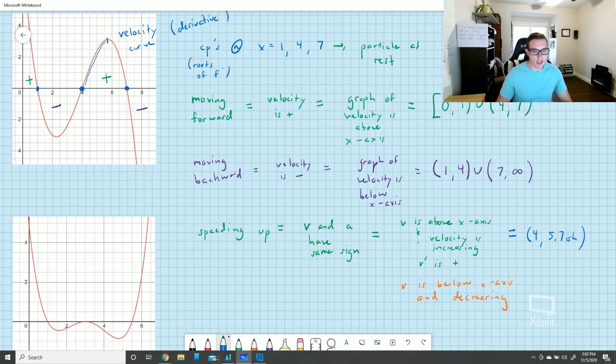So where is velocity below the x-axis and decreasing? Well, let's see. It looks like right here, this interval right here, and for the rest of time here. So that's decreasing, and this is decreasing and below. So that looks like from 1 to about 2.2 and 7 to infinity.